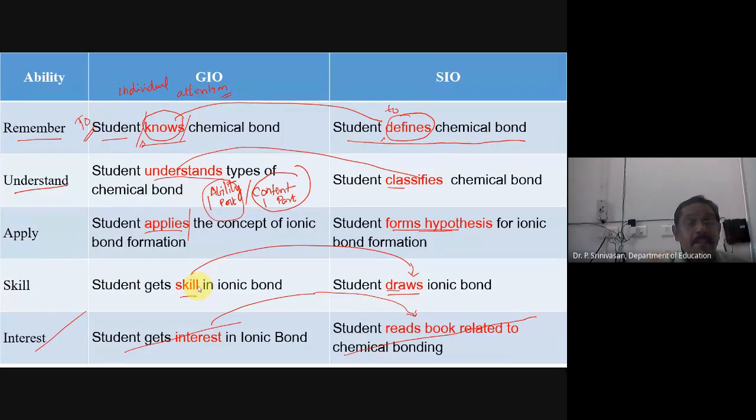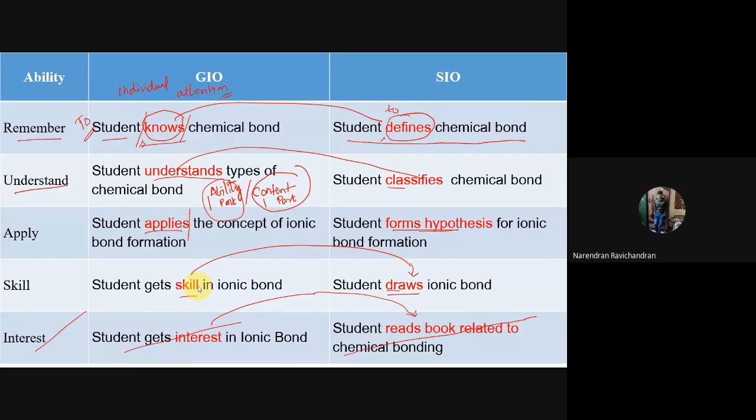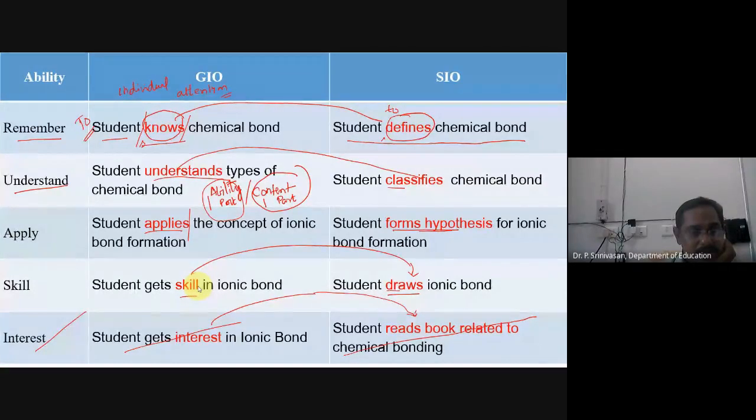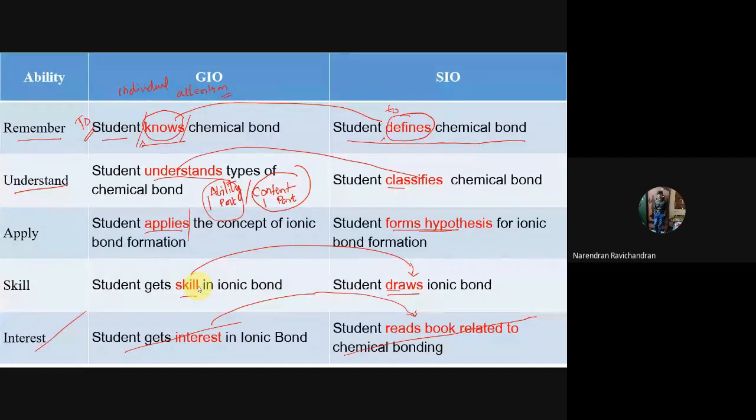Narendran, sir, guide me, give some points on how to write GIO and SIO. Sir, first we reduce the 16 subdomains to 5 subdomains, which comprise skill by analyze, evaluate, and create, and psychomotor skills, sir. Okay.